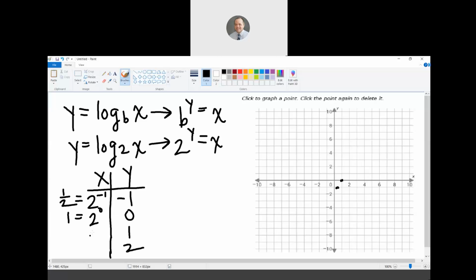When we let y equal 1, x is equal to 2. And finally, when y is equal to 2, then x is equal to 4. We still get a curve, but it's going in the opposite direction.